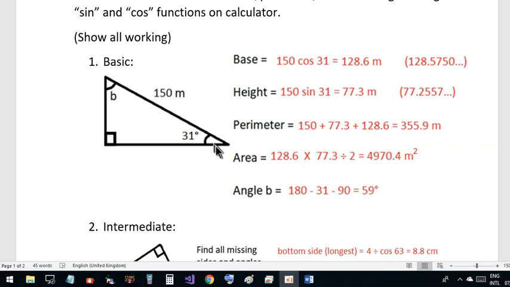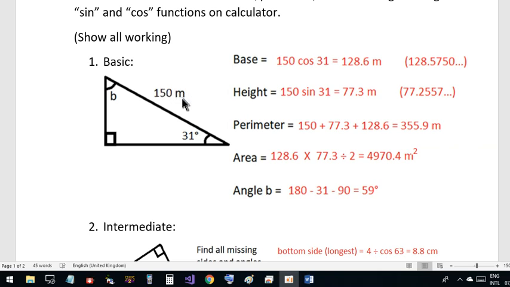So to find the base to begin with, we've got this triangle here. We want to find the base along the bottom. Now that base along the bottom is right next to the 31 degrees it's given, and when it's next to, we use cos. When we're given the long side to begin with, we don't use divide.